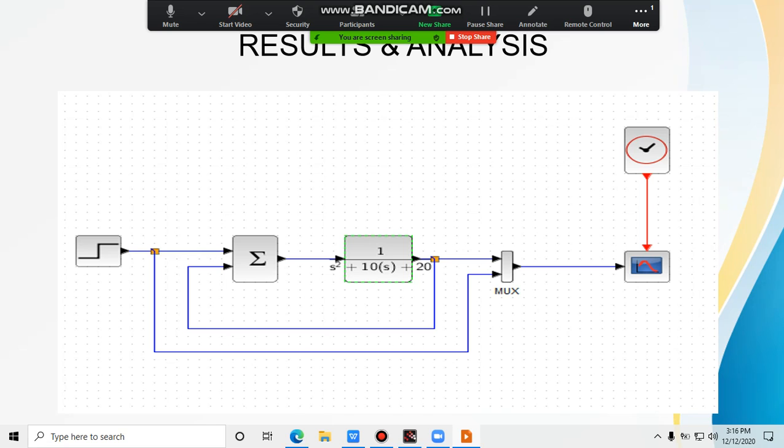Then we go to the plant. In that we can also see one formula: 1 over s squared plus 10s plus 20. This formula will be used in our lab to get our answer. Then we go to one more component, called the max block parameter.